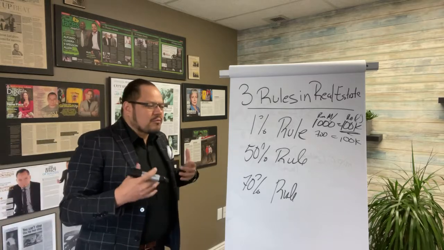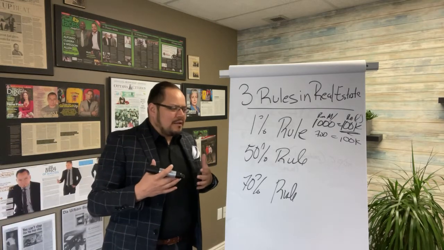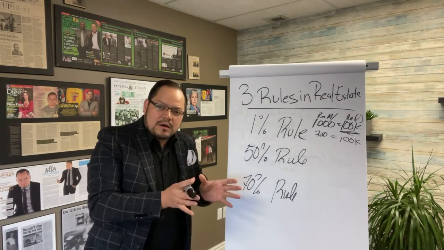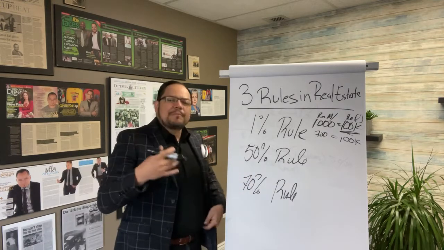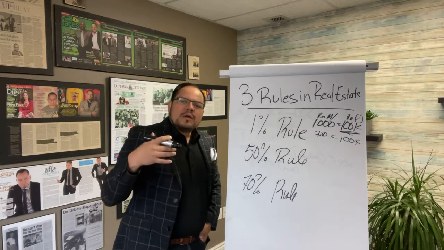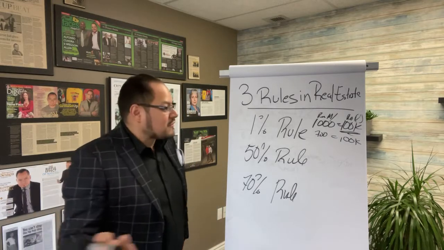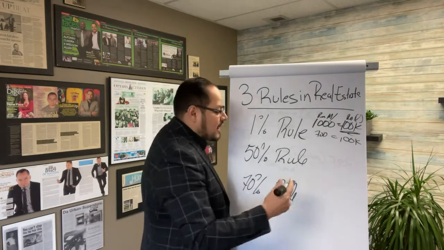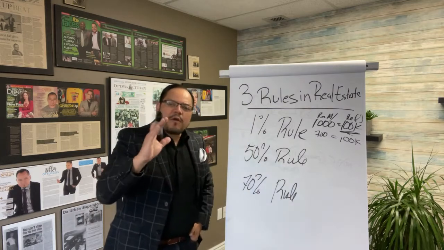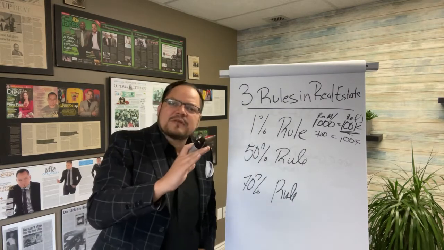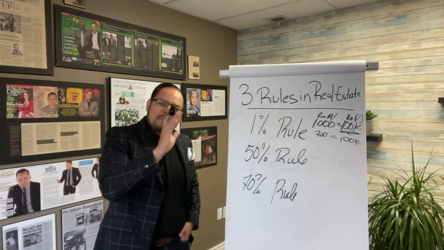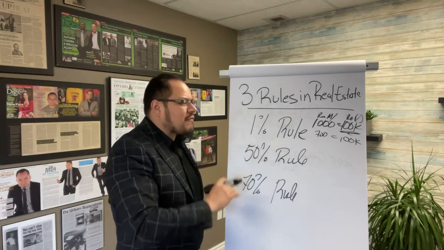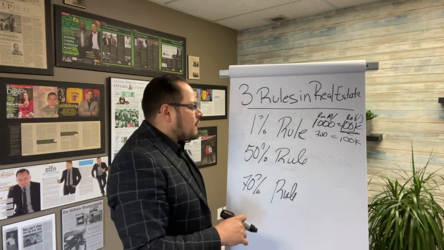Now, the 50% rule says that generally on an income property, 50% of the income should go to expenses. So on properties, anywhere between 40 to 50% should be allotted for expenses.